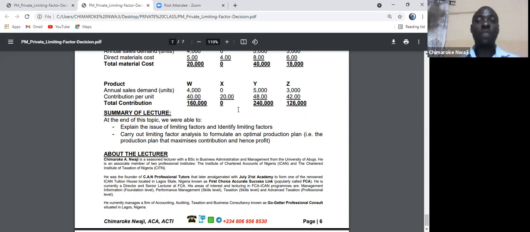You could calculate it or you could just extract it. Step 2, identify your scarce resource. It will be given to you in the question, or you could get it yourself by test. Step 3, calculate the amount of scarce resource per unit.